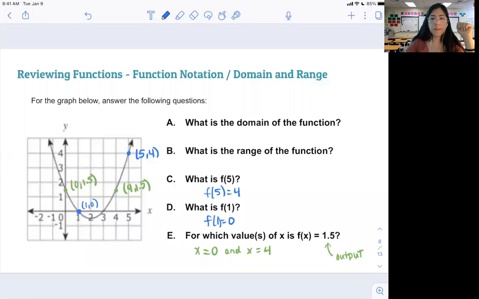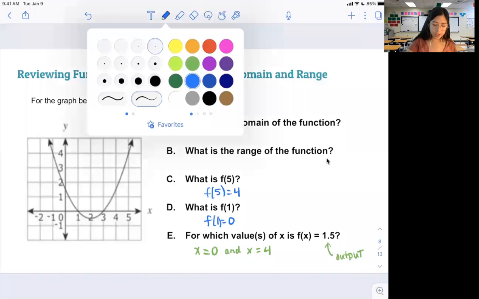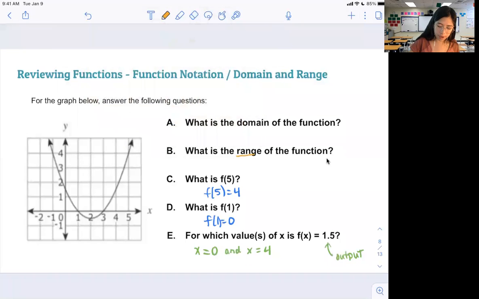Okay. Now for A and B, a little bit more challenging. I'm going to start with range. The range is all the possible outputs. So let's think about this. You always want to think, what is the lowest you can go? And what is the highest you can go?